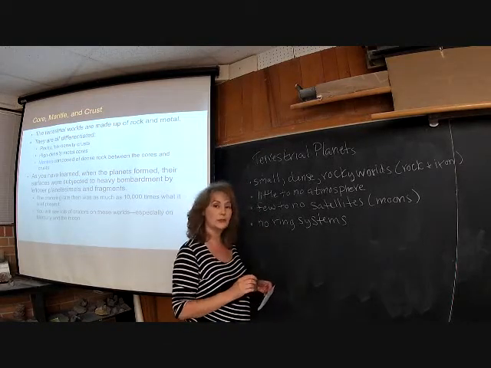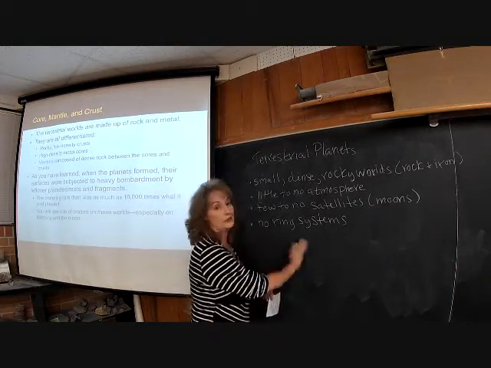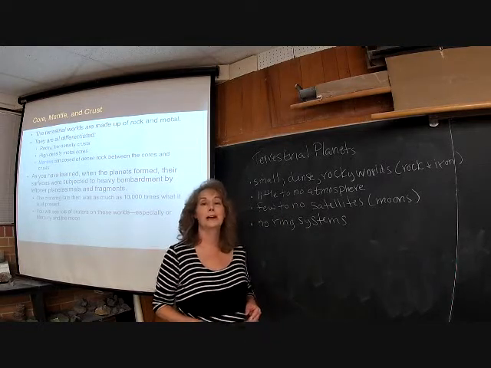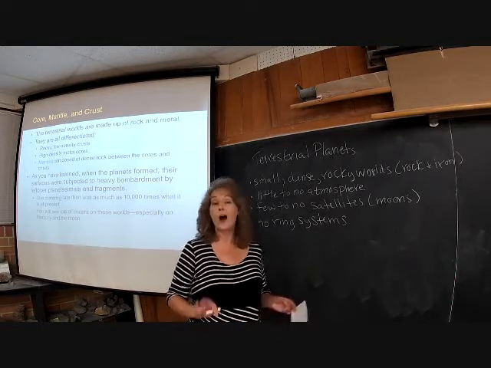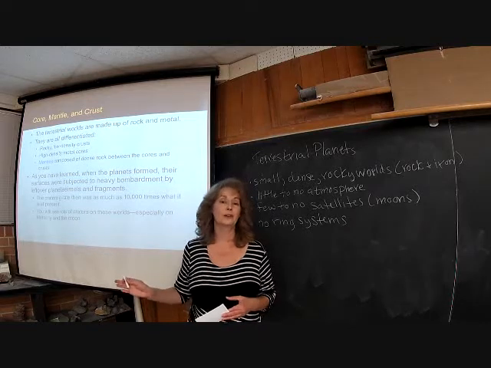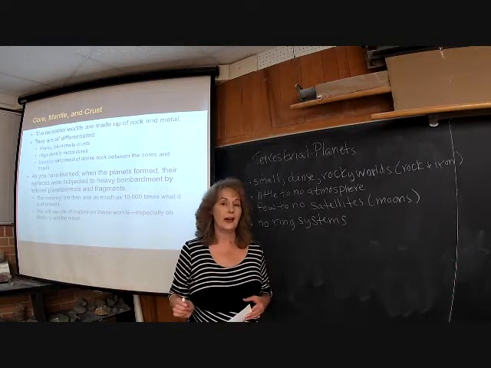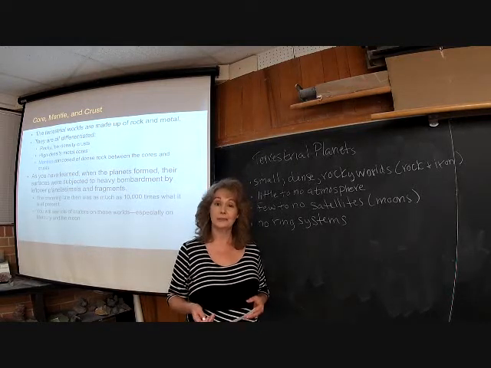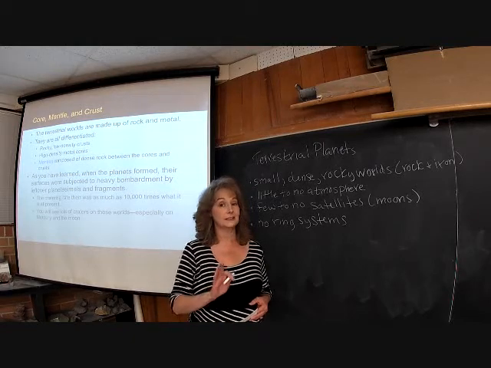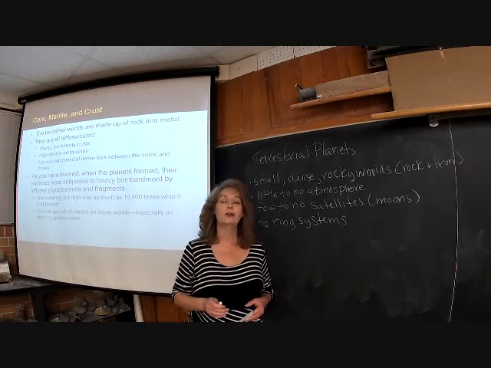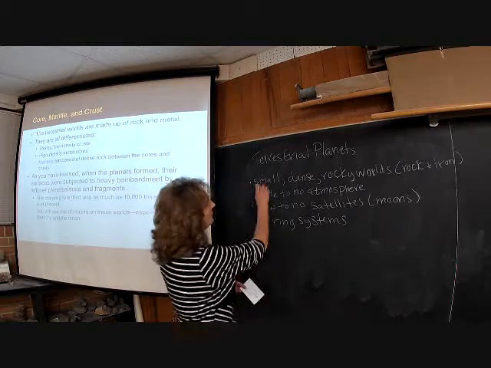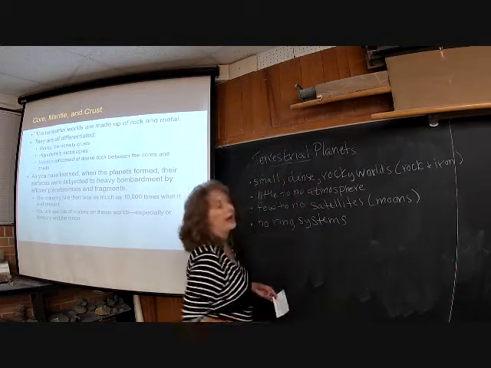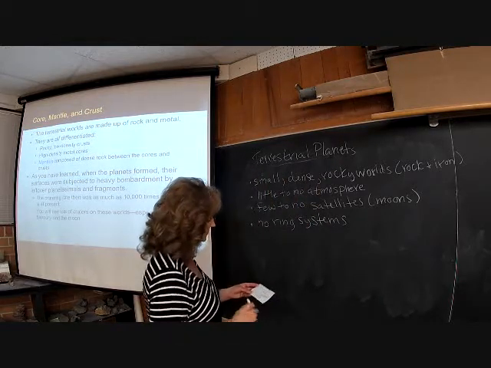Now, in comparison to those Jovian worlds, the terrestrial planets have no ring system. All of the Jovian worlds, not just Saturn, have ring systems. They're not as obvious as Saturn's, but they all do have them. So terrestrial planets do not have ring systems.